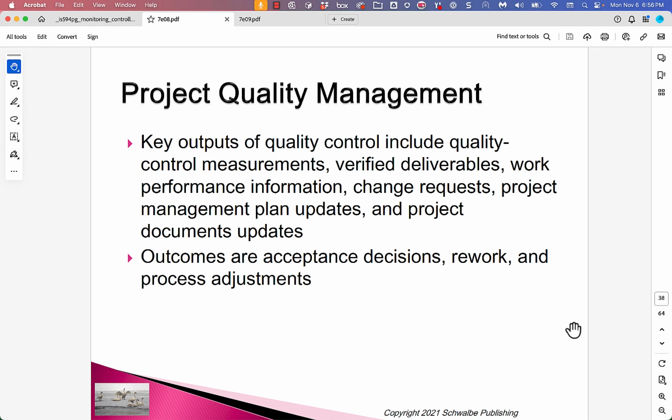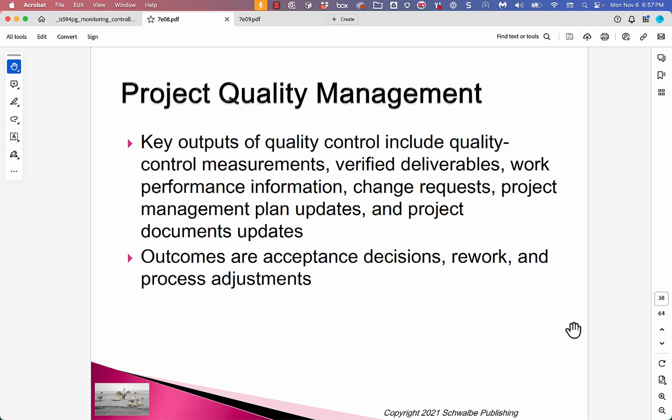Okay, we're going to move on to quality management. So, key outputs of quality control include quality control measurements, verified deliverables, work performance information, change requests, project management plan updates, and project document updates. Outcomes of the quality management process are acceptance decisions.